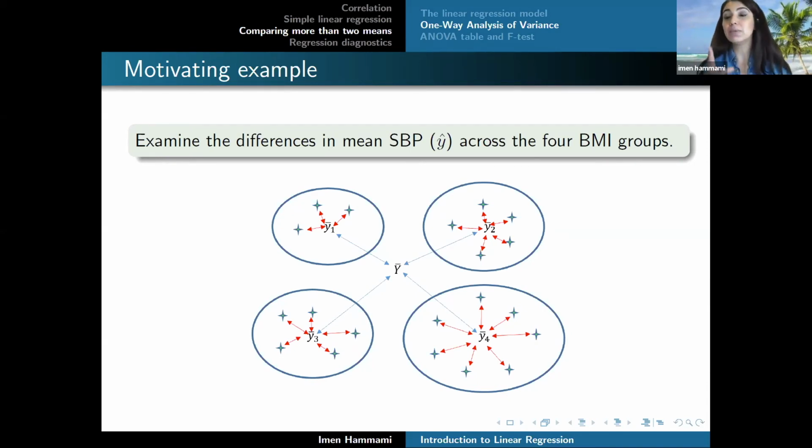You don't need to give me all 37 scores. You just need to give me 36 because I'll be able to guess the 37th. In this example, if you give me the 2 SBP values for these 2 people here on the top, and you give me the mean inside of that group, I don't need to know the third one. I'll be able to guess it. It's a very easy calculation.